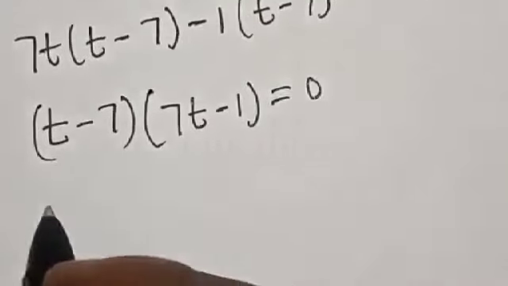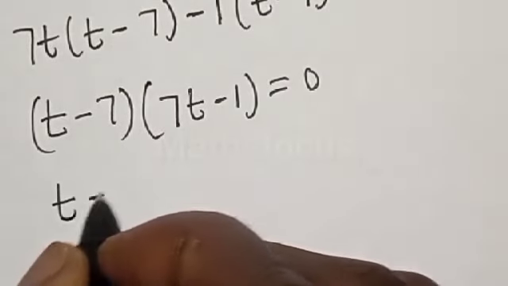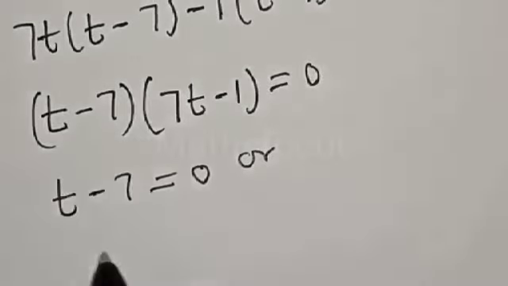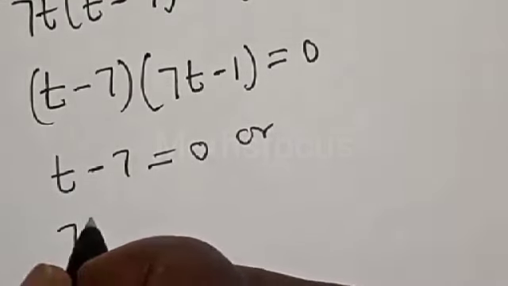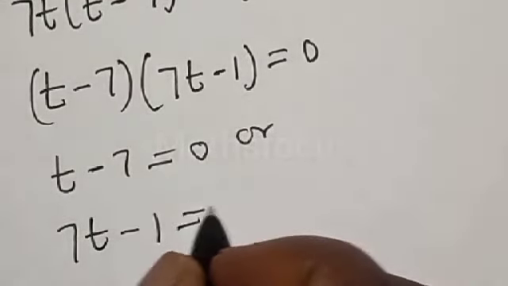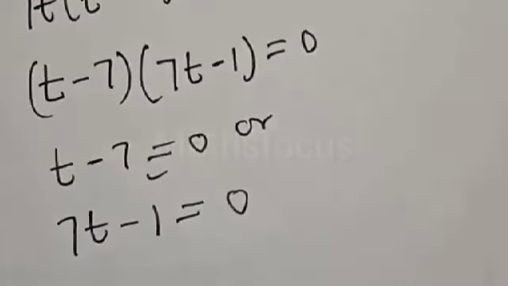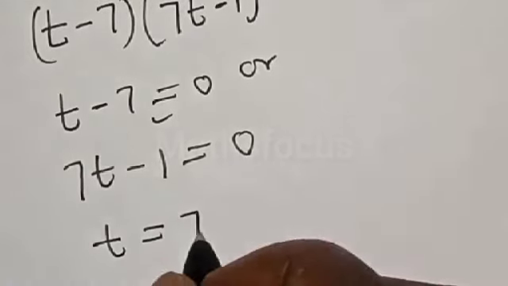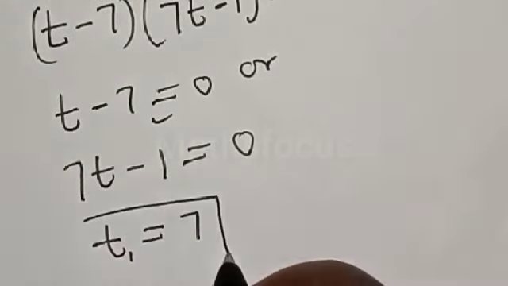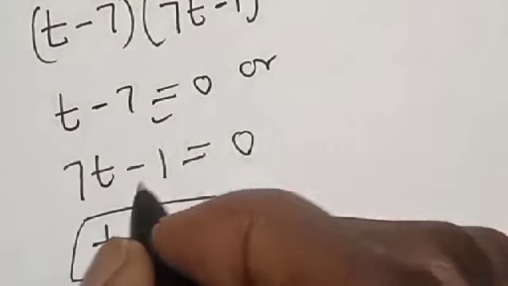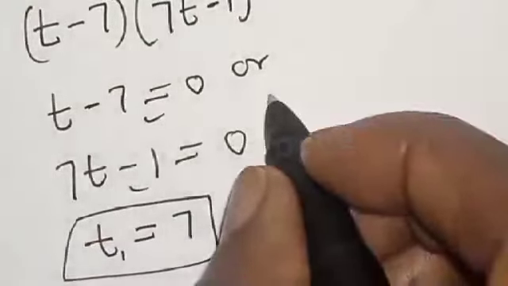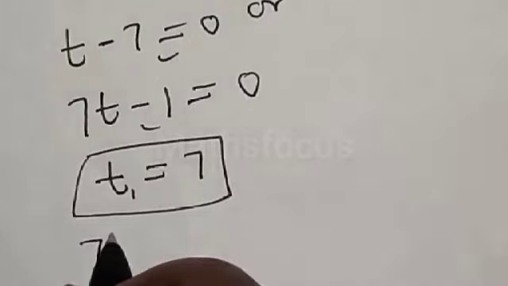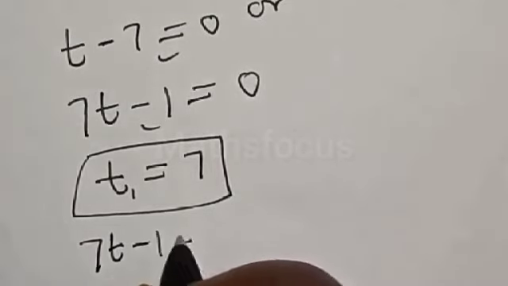There are two cases here. t minus 7 is equal to 0, or 7t minus 1 is equal to 0. From here, t is equal to 7. Let's call this t1. Also, from the second case here, 7t minus 1 is equal to 0.